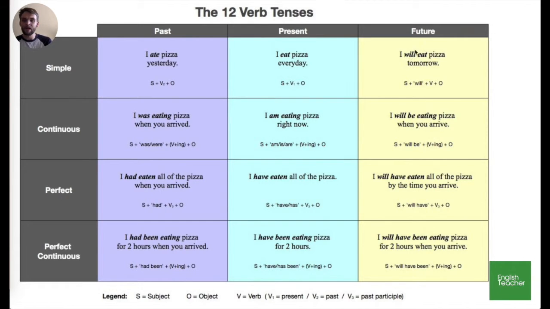So it helps the verb along. So, for example, we have the subject, I, we have will, which helps the verb, and then we have V, which is the infinitive form, eat, and then we have the object, pizza, and then we have the time, which is tomorrow.